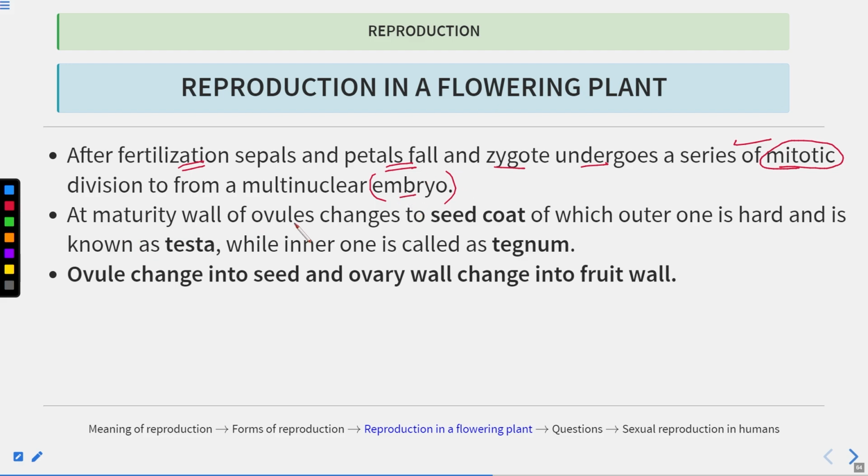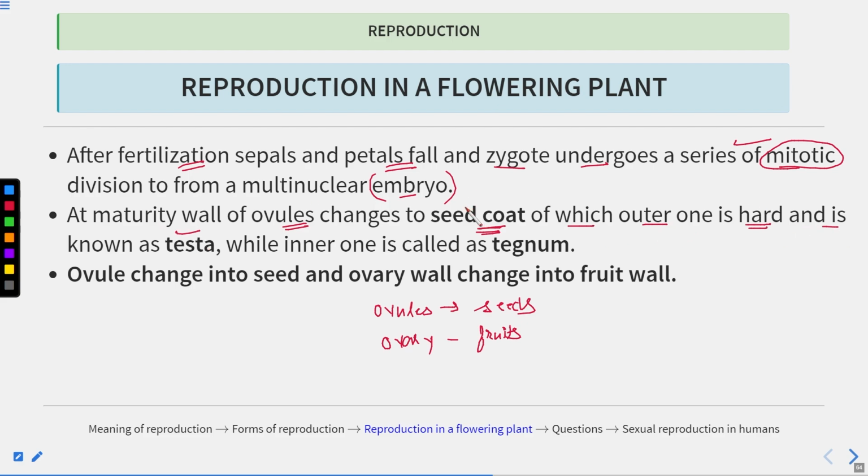Now at maturity, the wall of the ovules changes to seed coat. You should remember that ovules, after fertilization, develop into the seeds, and the ovary develops into fruits. At maturity, the wall of the ovules changes into the seed coat, of which the outer one is hard and is known as the testa.